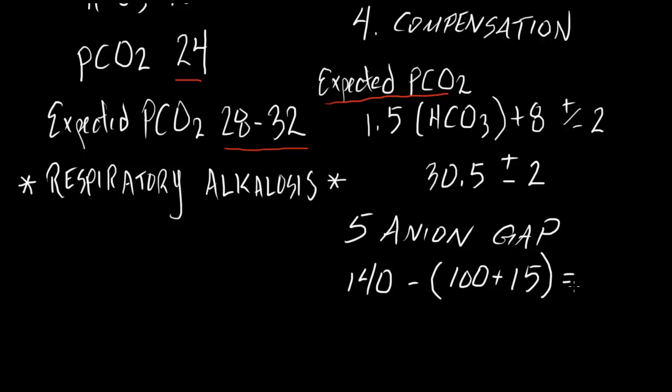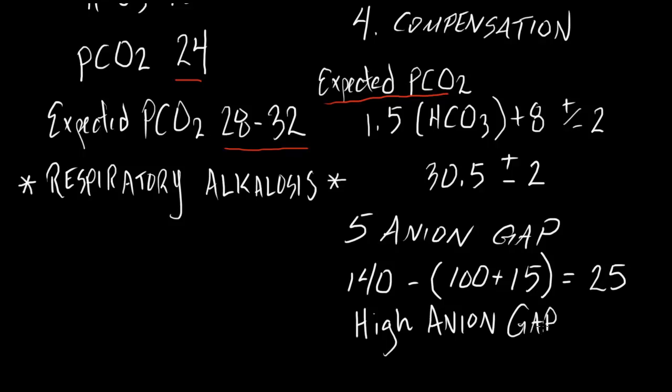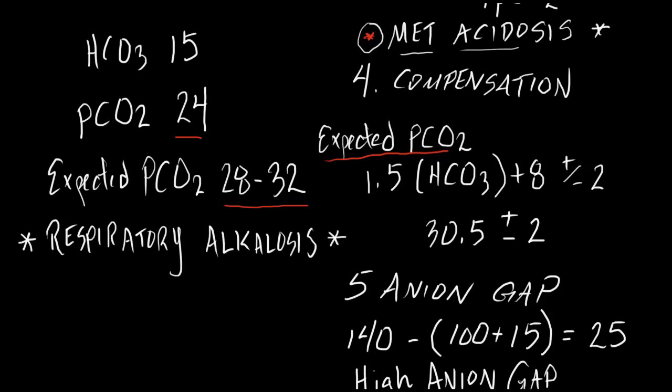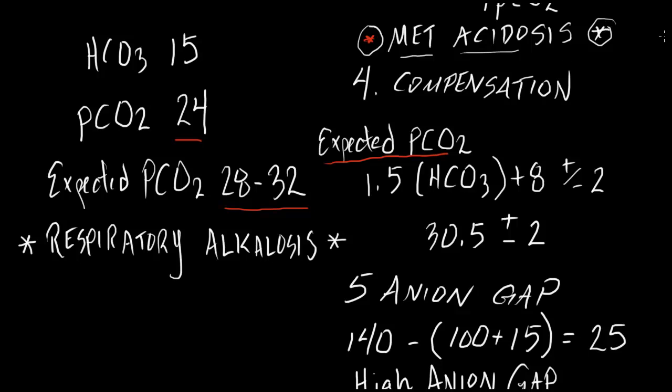This anion gap is 25, which by definition is a high anion gap. So we know that the metabolic acidosis that we saw earlier is a high anion gap metabolic acidosis.